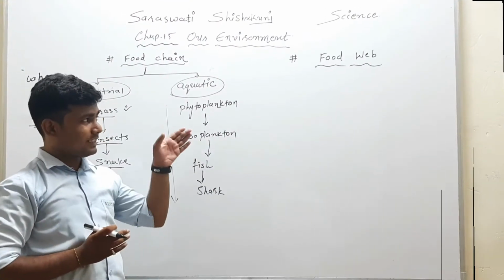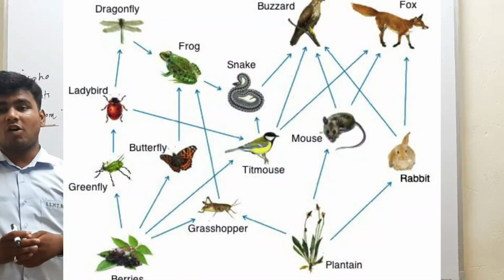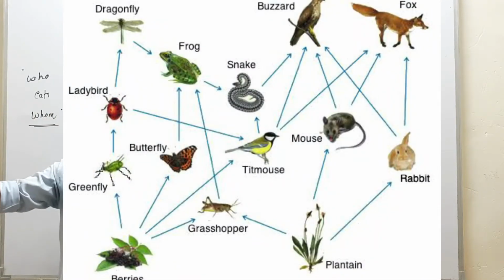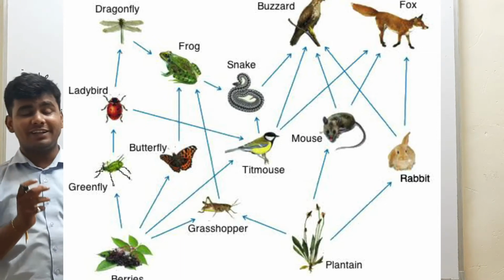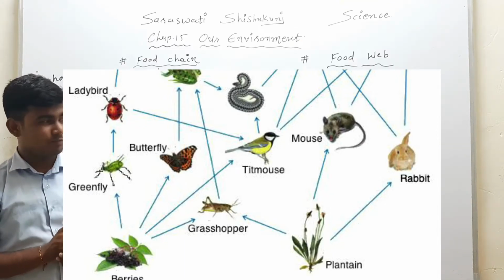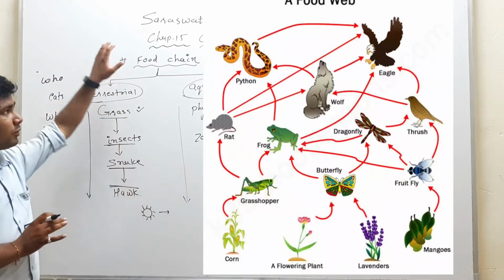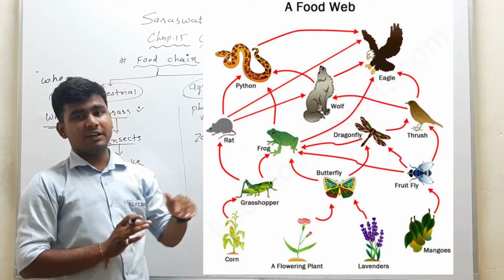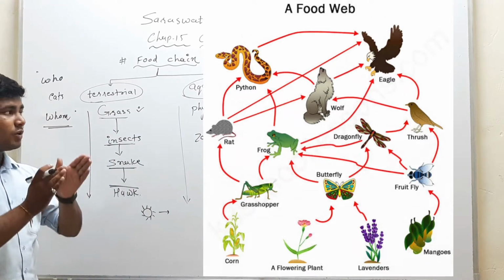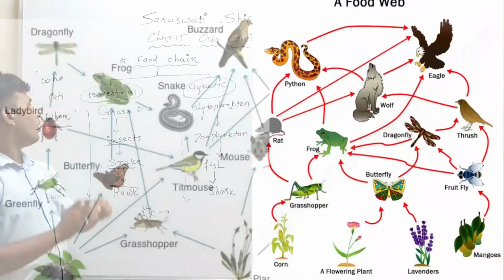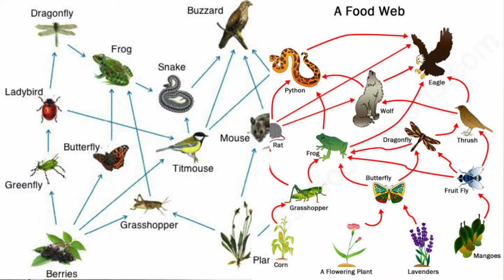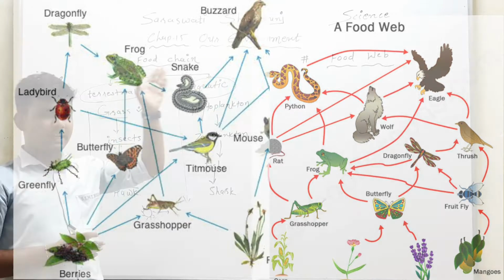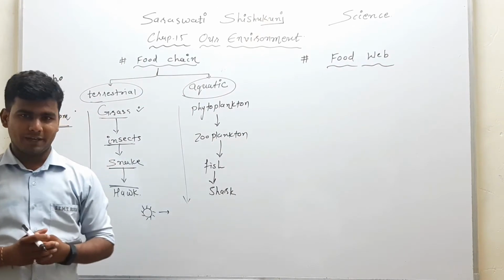Here you can see the picture of a food web and how the organisms are interconnected with each other. So food chain and food web give us the concept of who is eaten by whom or who eats whom. Terrestrial food chain, aquatic food chain and food web we have completed.